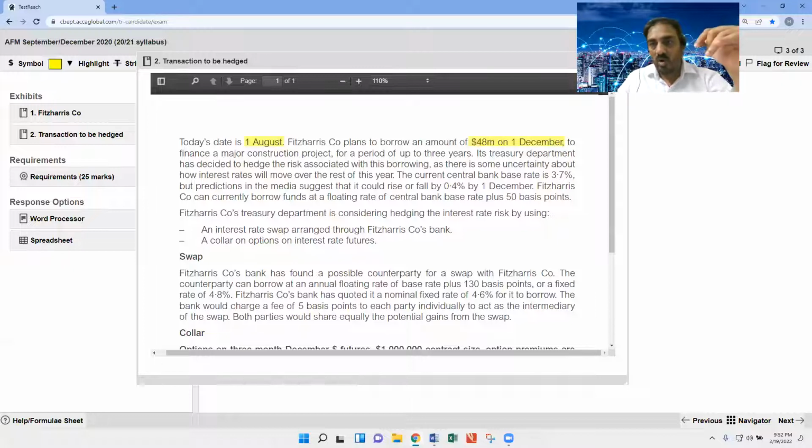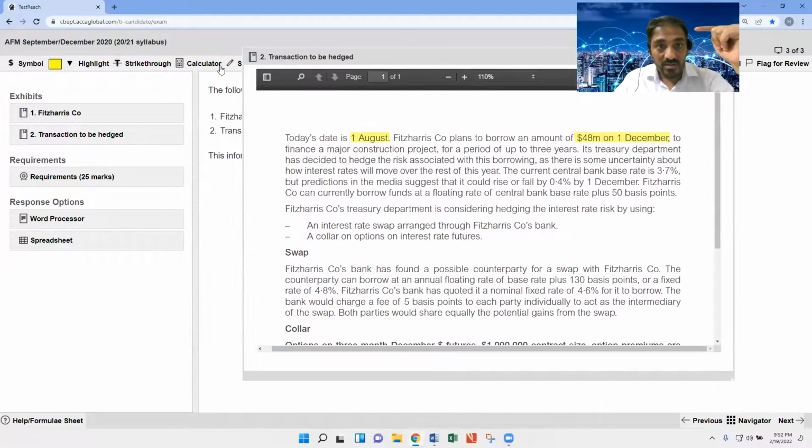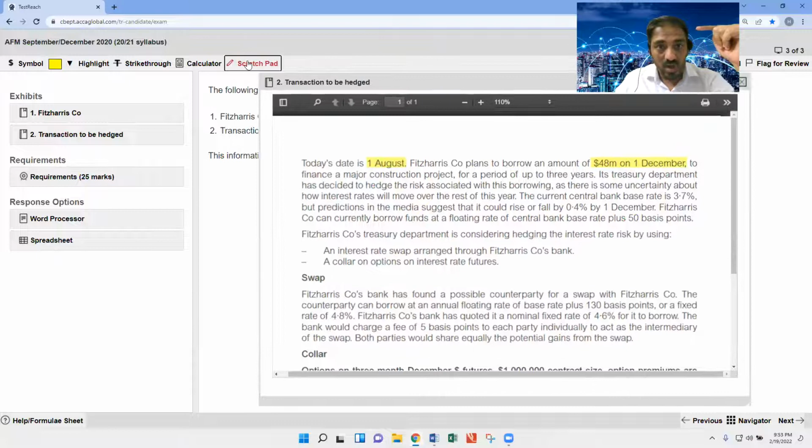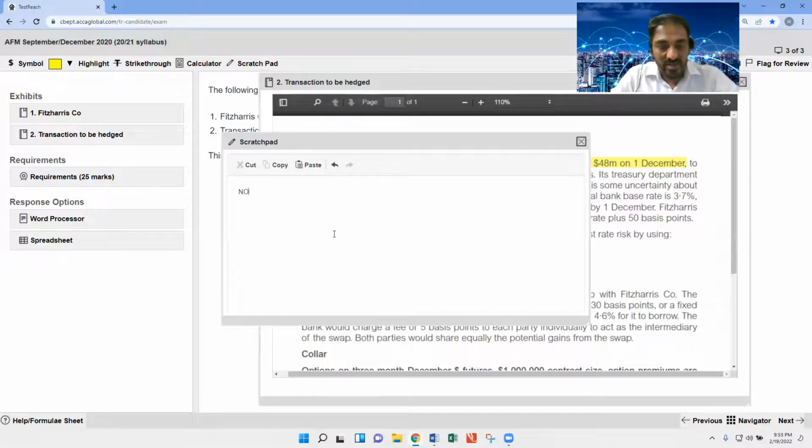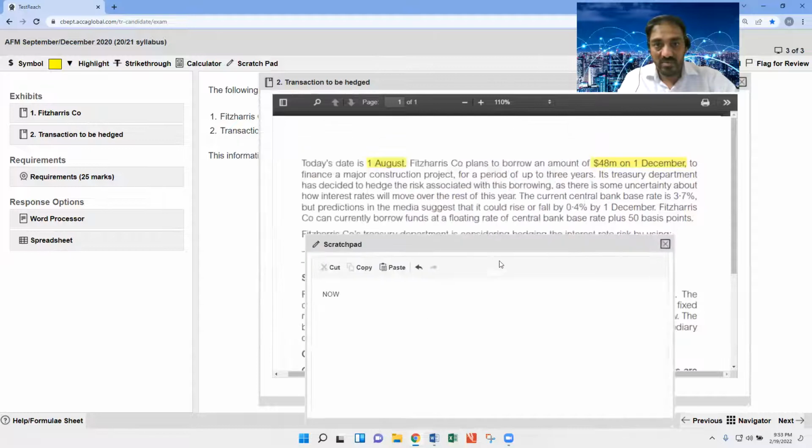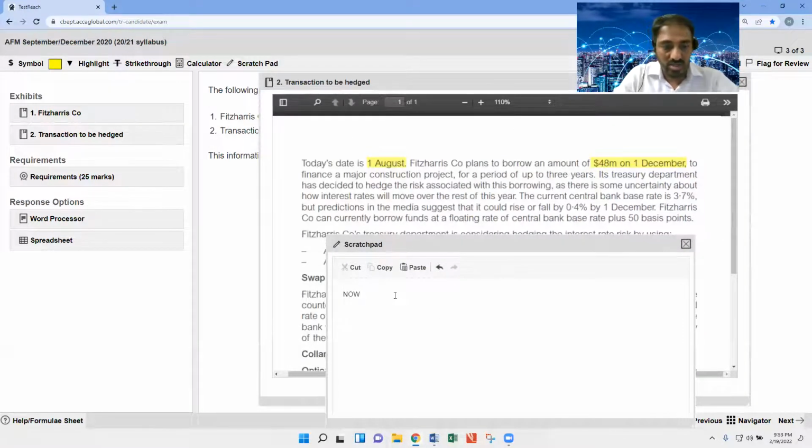So the very first thing you have to work out is the transaction date. That's very much important. Now, 1st August. Transaction means the date to borrow or lend. The 1st December. You have to identify and highlight it.